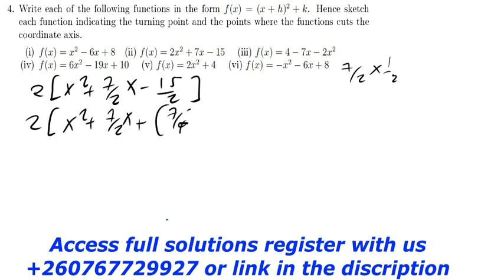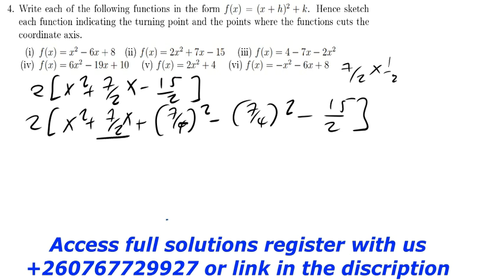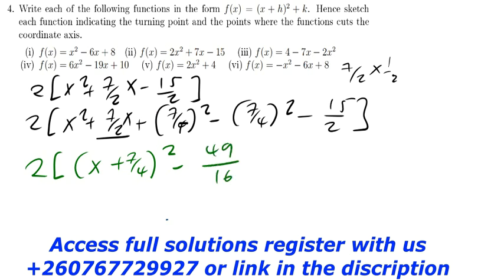So 7 over 4 squared minus 7 over 4 squared minus 15 over 2, like that. The next thing, ignore the part having x, so it will be 2 times (x plus 7 over 4) squared minus, 7 times 7 is 49, 4 times 4 is 16, minus 15 over 2.